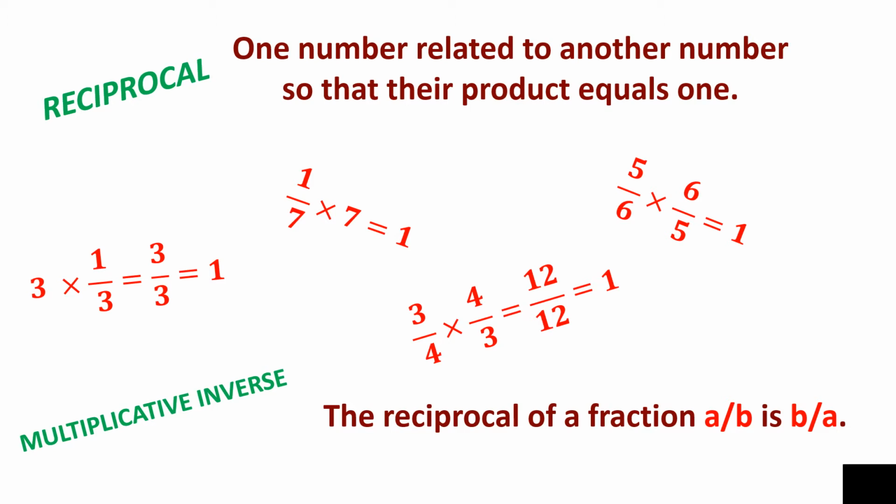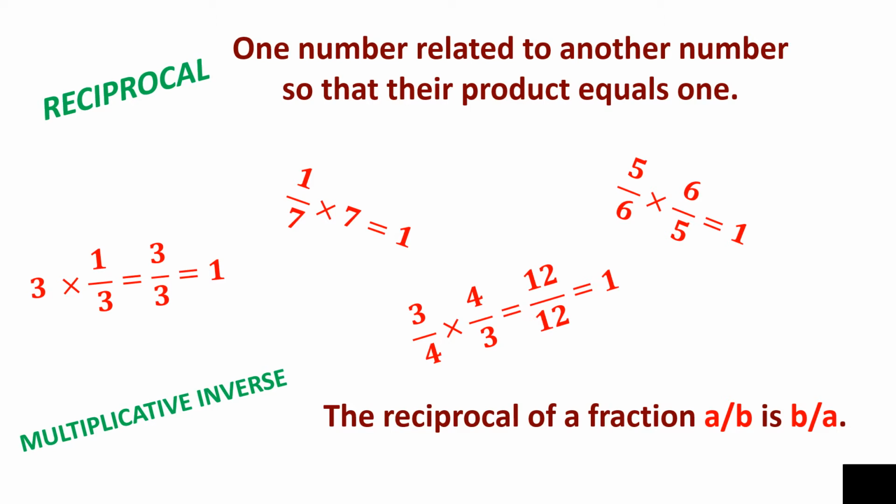For example, the reciprocal of 3 equals 1/3, because when you multiply 3 times 1/3, the product is 3/3, which, of course, equals 1. The reciprocal of 1/7 would be 7, because 7 times 1/7 would equal 1. How about 3/4?